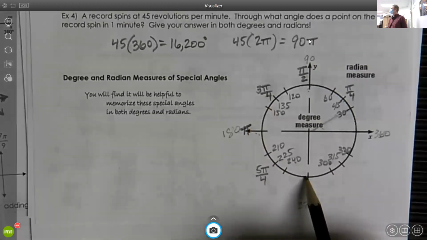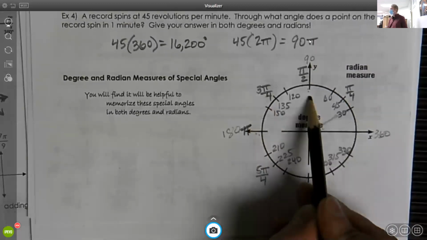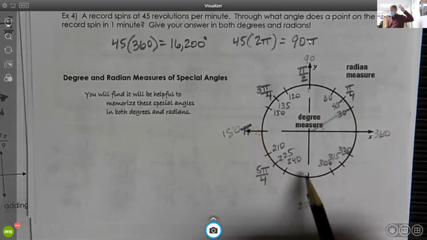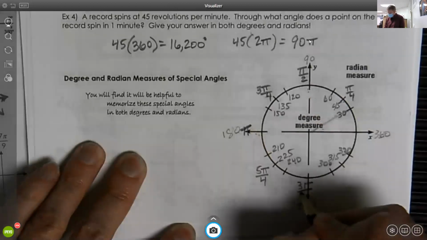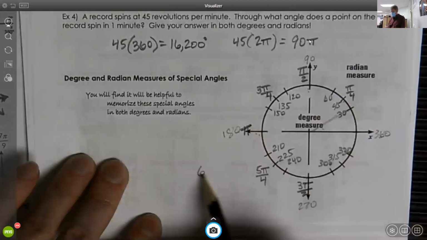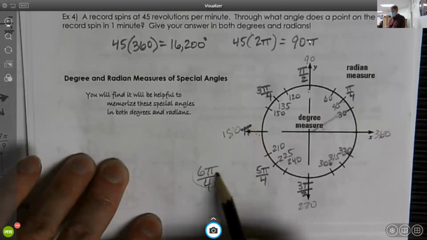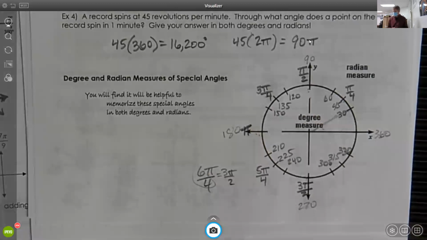What else would get there? A half, 2 halves, 3 halves. So 3 pi over 2. You would be fine doing 6 pi over 4. 6 pi over 4 reduces to 3 pi over 2. It doesn't matter which one you use. It'll work.